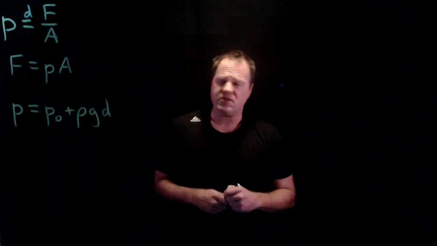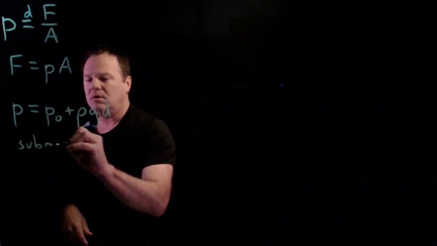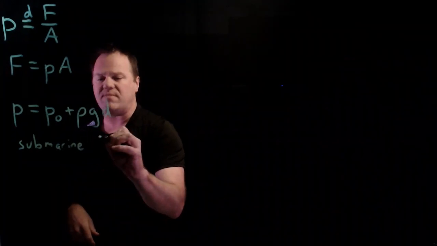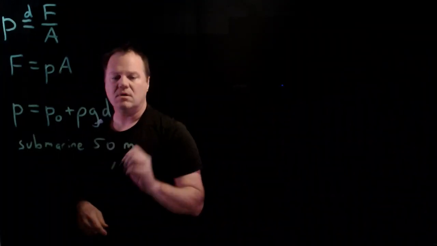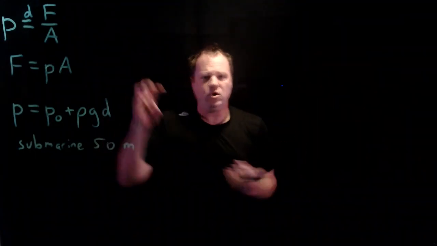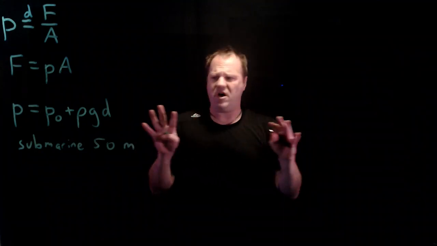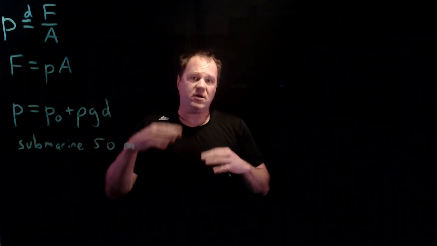Let's say we have a submarine at a depth of 50 meters below the surface. And now we're going to find the pressure. Water is pushing on all its sides. Of course, the pressure below is a little bit greater than the pressure above, but just because they're at slightly different depths.